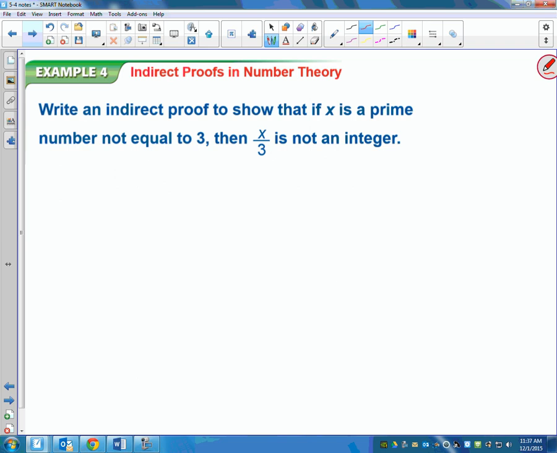So what's the conclusion here? You have to figure out, we want to find the conclusion and assume the opposite is true. What are we trying to prove here? What's our given? And what are we trying to prove? That's the first thing. X is prime or not.